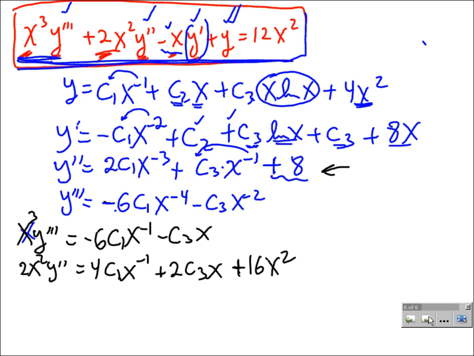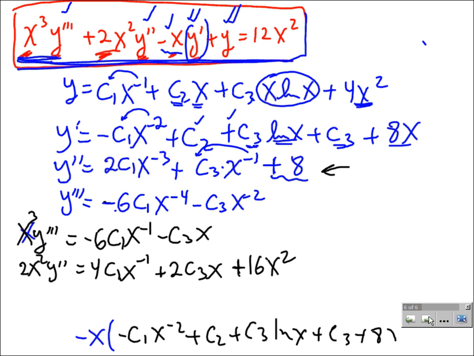Now, you need to take away x times y prime. You need to compute negative x times y prime. So y prime is whatever it is. It's right above. It's c1 x to the negative 2, c2, etc. Just copy it from y prime. And we get negative xy prime is positive c1.